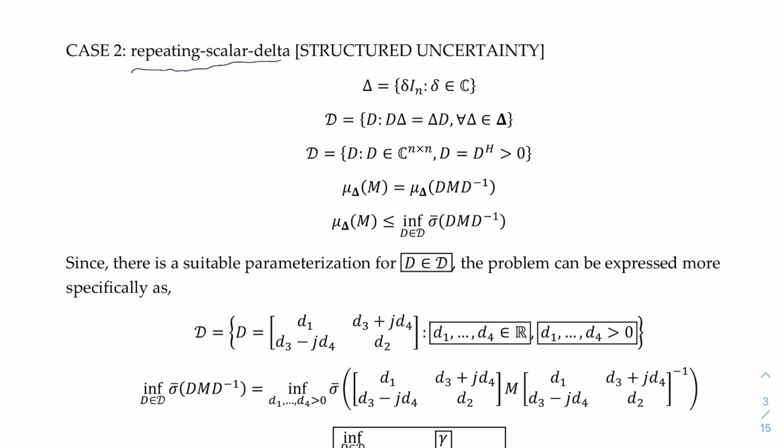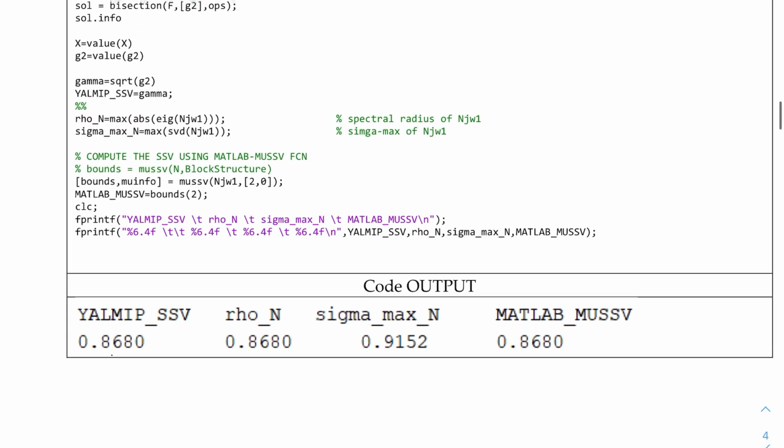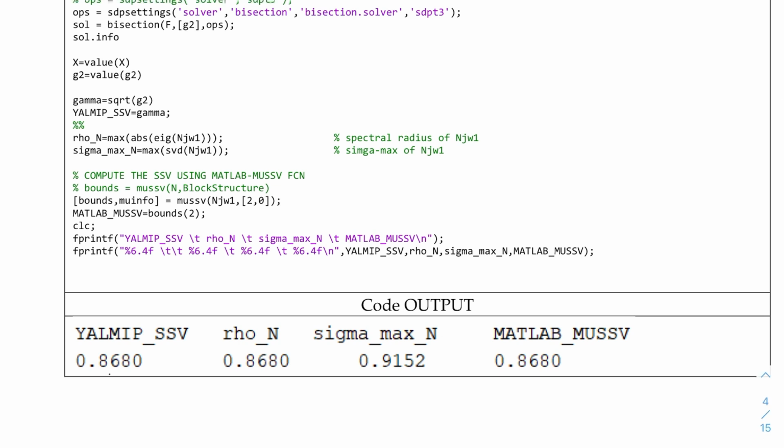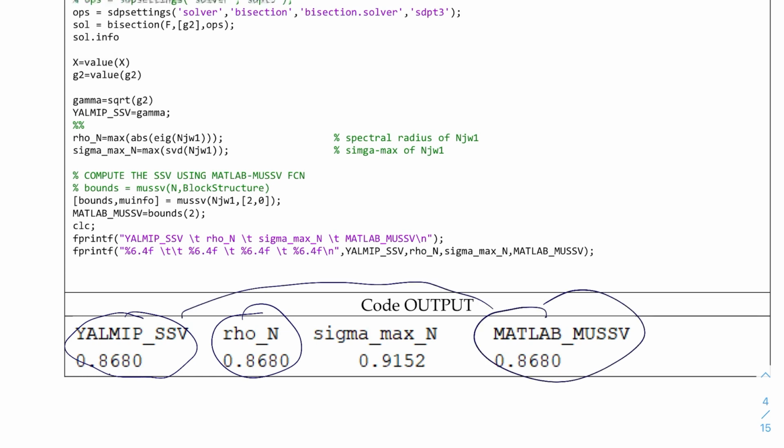This is the repeating scalar diagonal delta. I would say it's one of the easiest structures to compute. Before saying anything, look at this: 0.8680 and 0.8680. First of all they are equal, and that's a good thing.